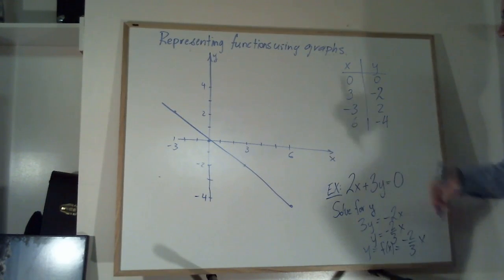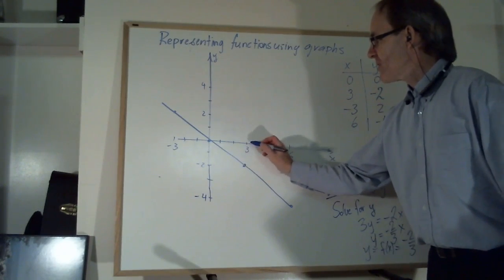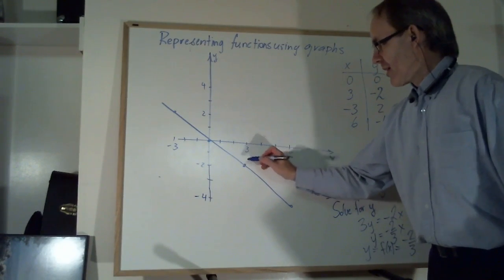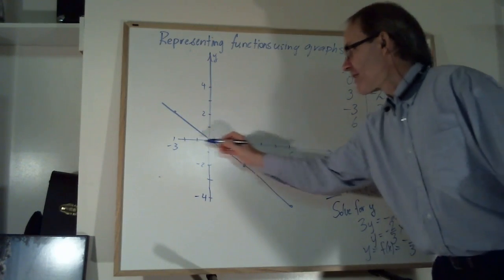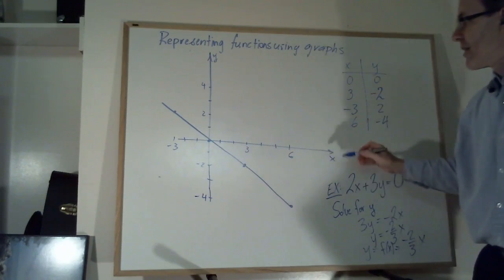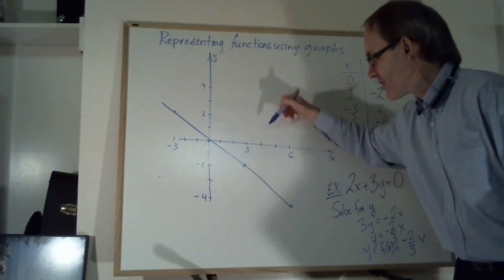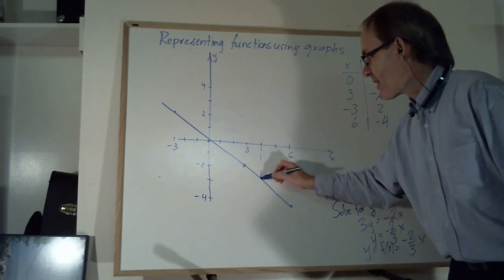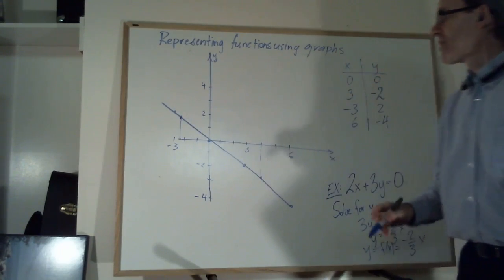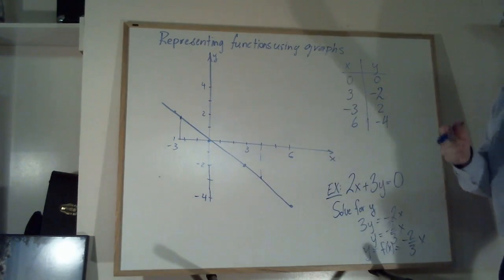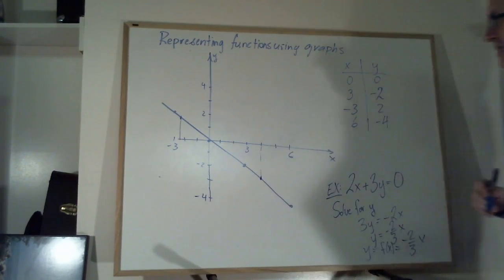Okay, so this function is now the rule which gives you, for each value of x, we pick a value of x along the x-axis here, and you would just go straight down until you hit the line, or go straight up if that's where the line is. So you go along a vertical line, up or down, until you hit the line, and that gives you the y value for that point, the value of the function.